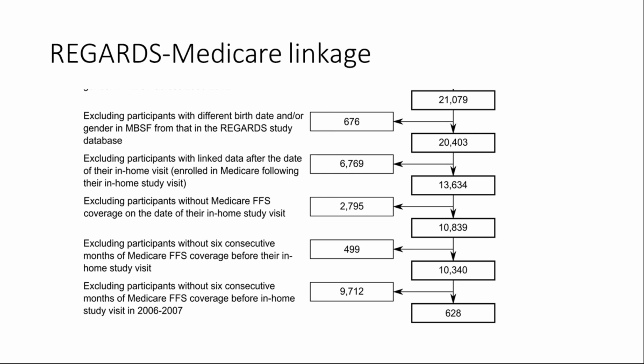And then you end up excluding people whose timeline doesn't match up, which is often a problem with linked data sets, in terms of when they're getting surveys and when they're not. So that's another 7,000 gone, and then you exclude those who don't have coverage, which is a very common thing with administrative data sets. And then you have to define enrollment before the visit, so you have to set your timeline beforehand, and now you're down to 628 patients out of 30,000.